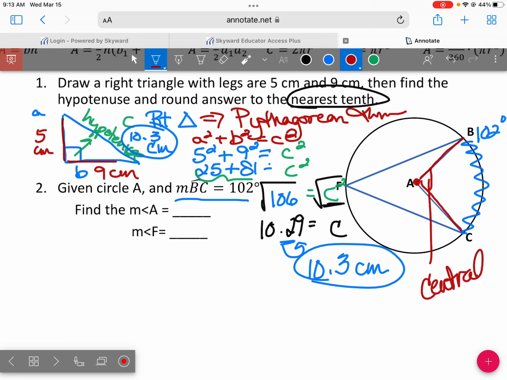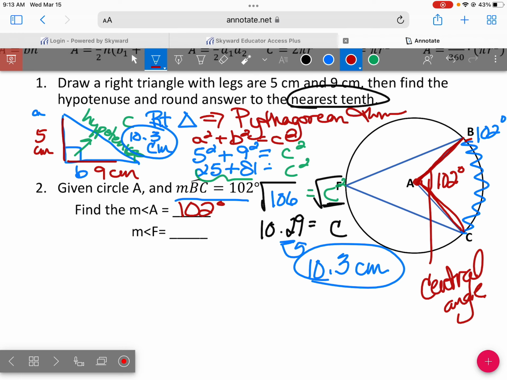I try to help you guys as much as I can. So when you have a central angle, the arc that it intercepts is going to be the same amount. So this angle is 102 because it intercepts this arc, which is 102. Okay?